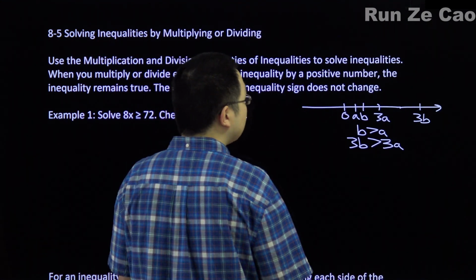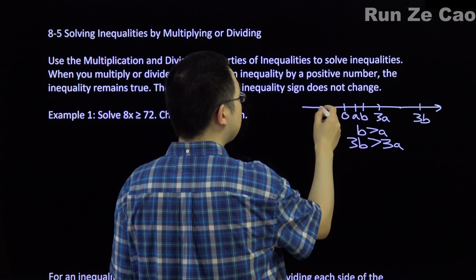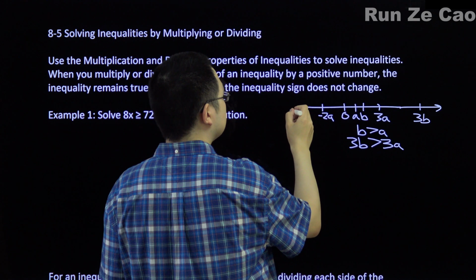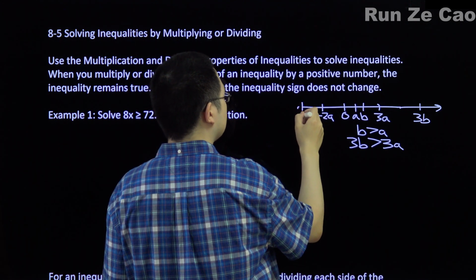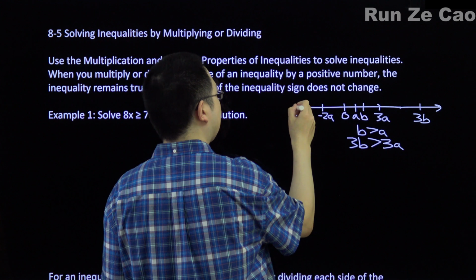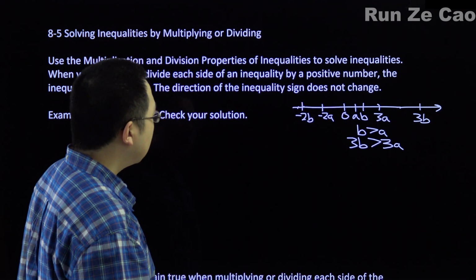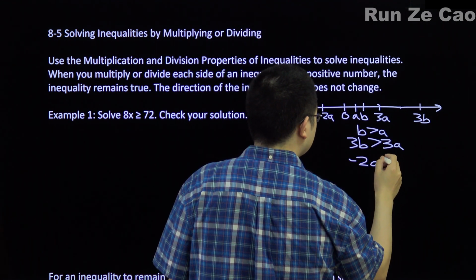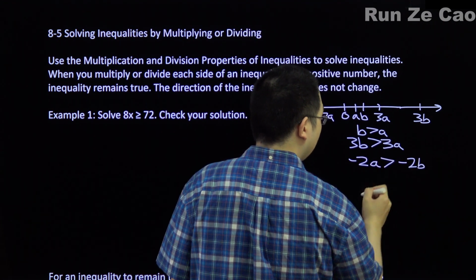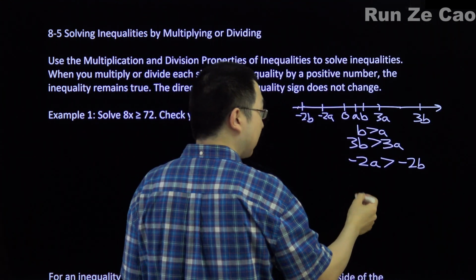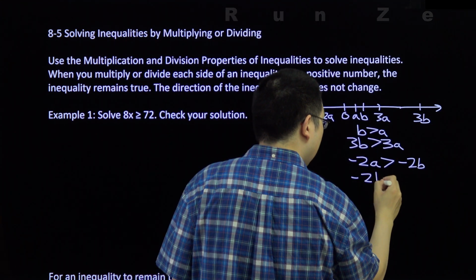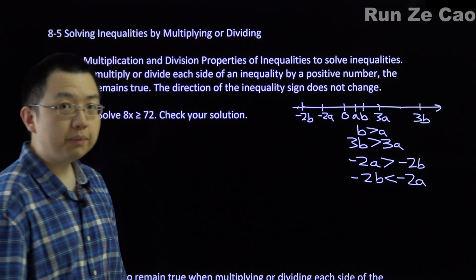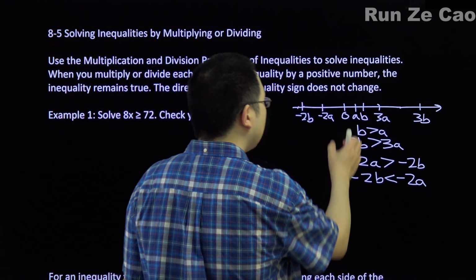What happens if we flip this over, like negative 2A and negative 2B, roughly around here? Then negative 2A is greater than negative 2B. Or, if we write it with B on the left side like before, negative 2B is smaller than negative 2A.